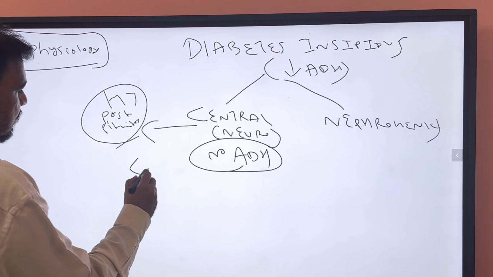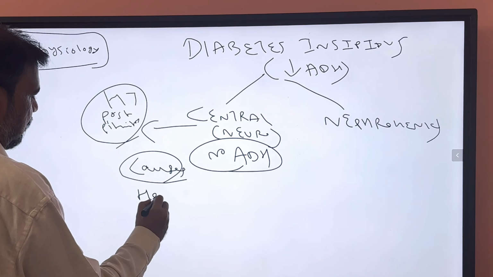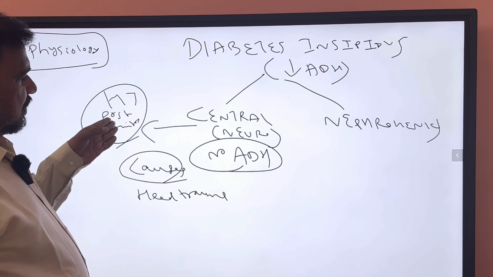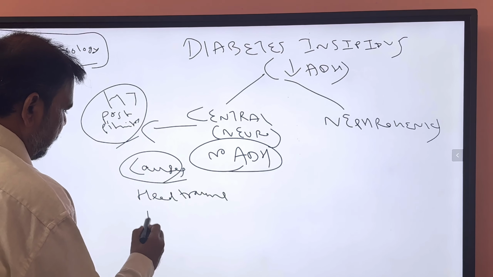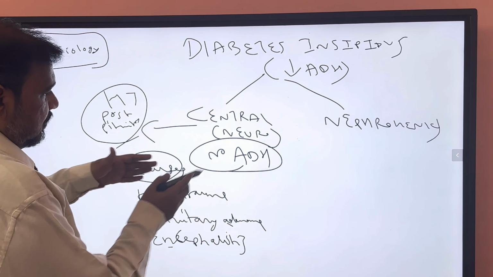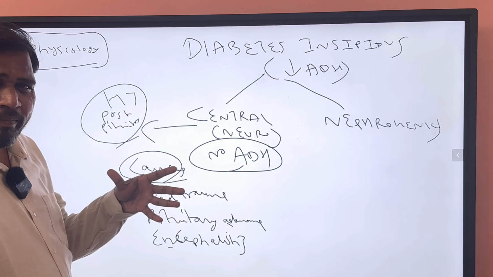Causes, for example, head trauma. Any head injury, the pituitary could have been affected, or pituitary adenoma, encephalitis. So central brain, that is either the posterior pituitary or hypothalamus.